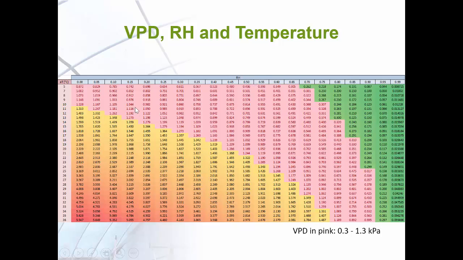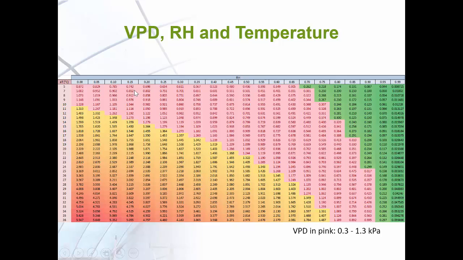So you can notice here that we have wide ranges of vapor pressure deficit at lower air temperatures compared to the very narrow range of vapor pressure deficits at higher air temperatures. This is because the saturation vapor pressure increases exponentially as the air temperature is increased.